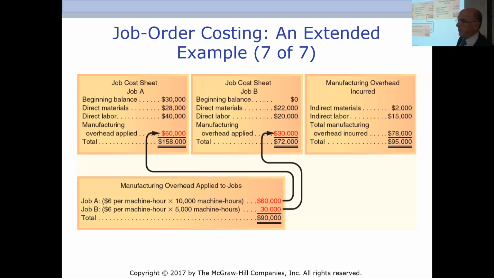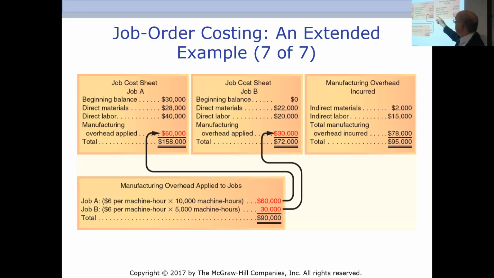What do we do with that? This is applied. Another word for applied means estimated in chapter 4 anyway, right? When you see applied in chapter 4, they mean estimated. So the estimated cost is 90, but here we have the actual cost, manufacturing overhead incurred. Incurred means these are the actual costs.